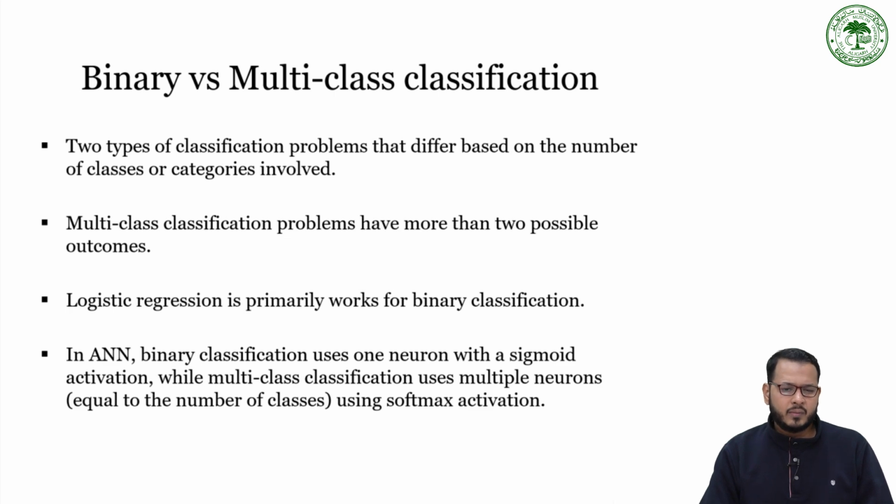So usually when we have multi-class classification problems, we tend towards artificial neural networks, and we often prefer logistic regression when the problem at hand is binary, that is, it has only two classes to be taken care of.